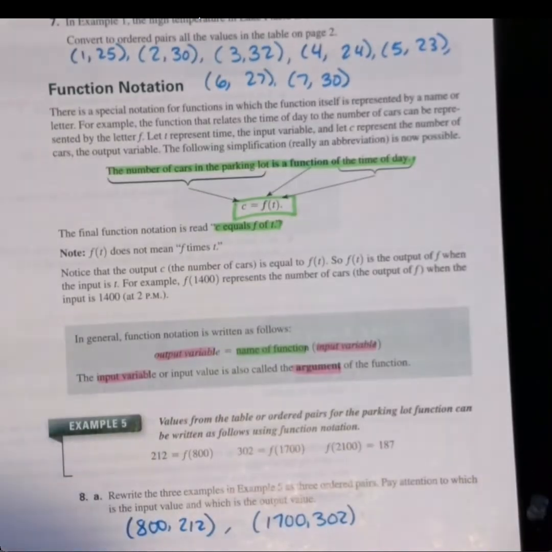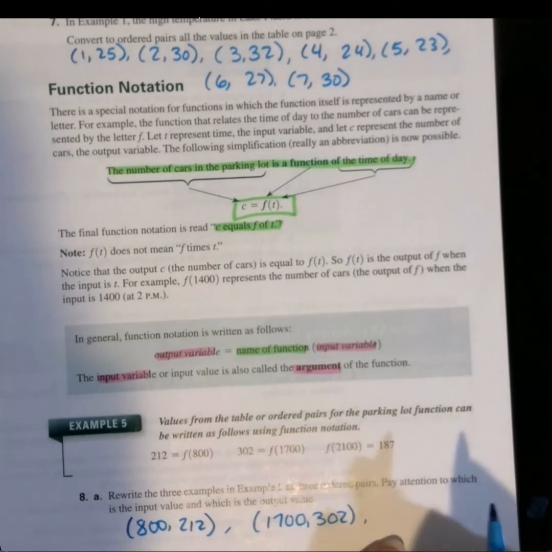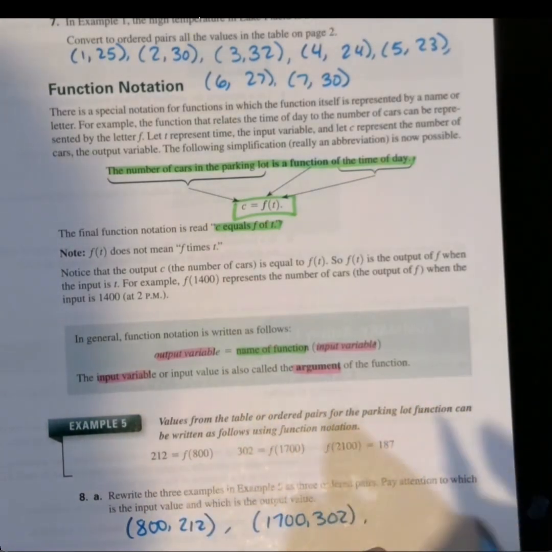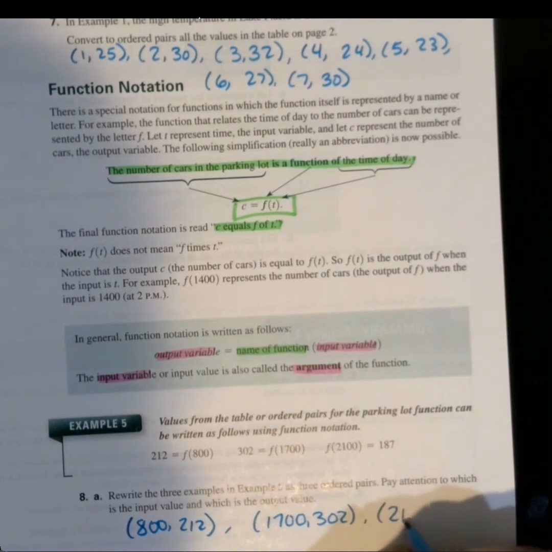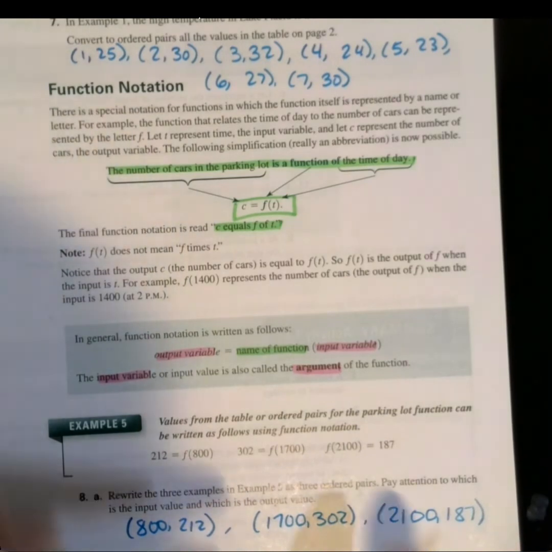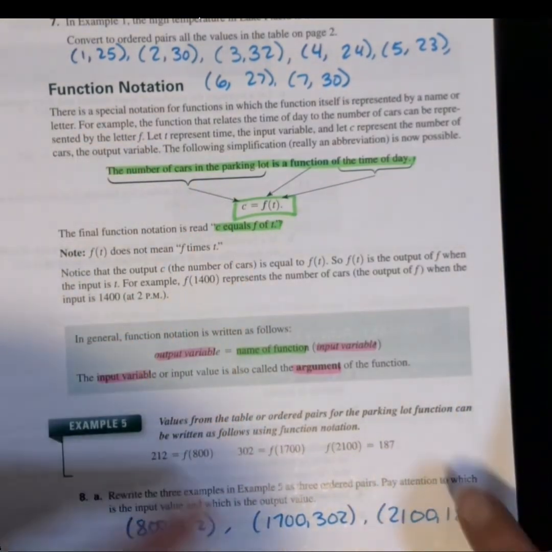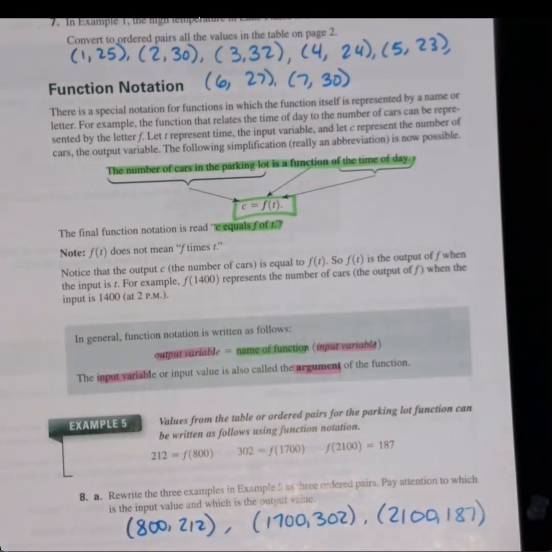And the last one, they flipped the notation on us here. The input is inside the function. So the input here is our 2100, 187. So pay attention to what is inside the parenthesis as the input goes first, and what is outside the function is the output goes in the second part of the ordered pair.